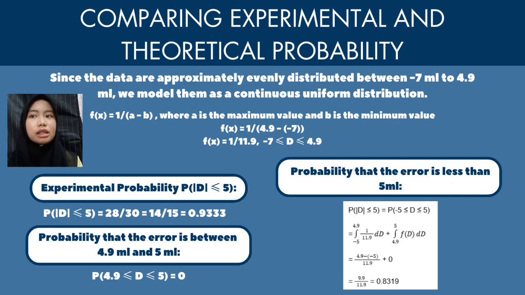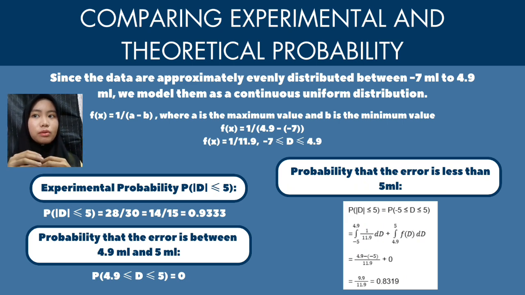Now the experimental probability, the probability of modulus d less than or equal to 5, is 28 over the overall data, which is 30, and we get 0.9333. Then the probability that the error is between 4.9 ml and 5 ml is 0, because from our experiment the maximum amount is 4.9 and 5 ml is out of our experiment data.